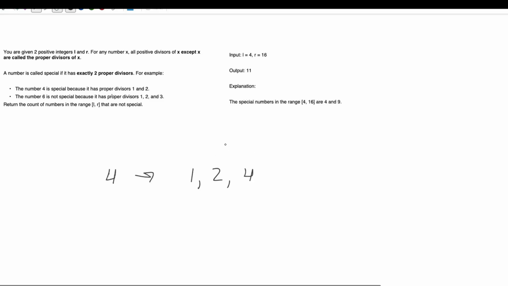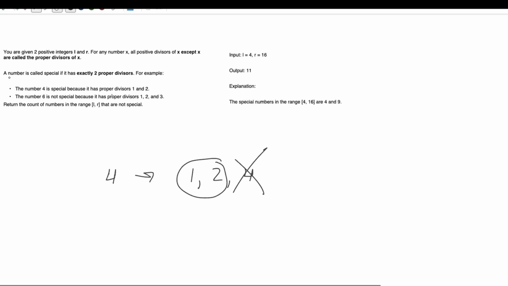So these are proper divisors, 1 and 2. 4 is not a proper divisor because if you look at the description, it's all the divisors of x except for x itself. So for this problem, even though 4 technically in mathematics is a valid divisor of 4, it's not a proper divisor. So this is not proper. We're only going to be looking at ones that are not itself.